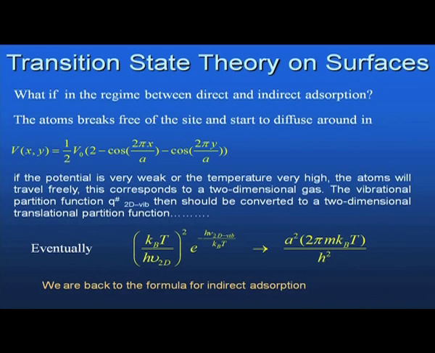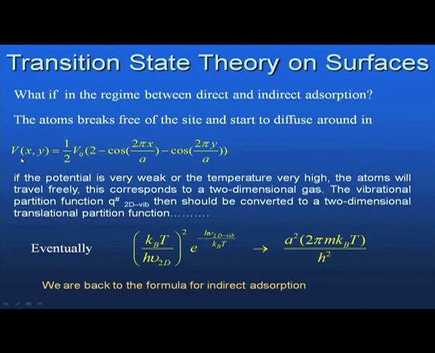Now, if the potential is very weak or the temperature is very high, potential meaning the force which binds the atom onto the surface, and if this potential V(x,y), since it is in 2 dimensions, has the form of a cosine function plus another cosine function, then if the temperature is high or the potential is weak, atoms will travel freely.